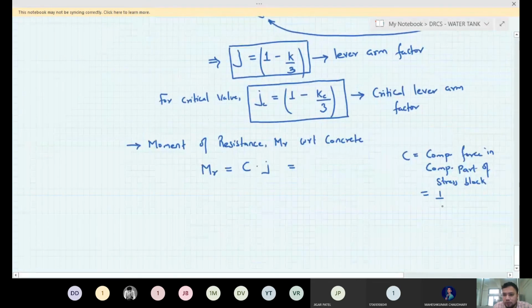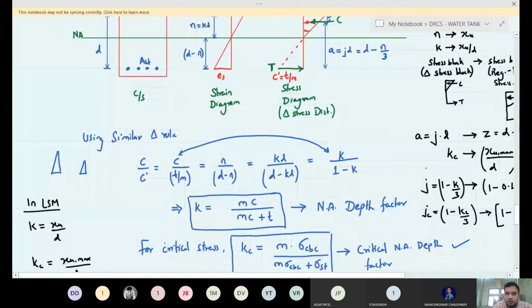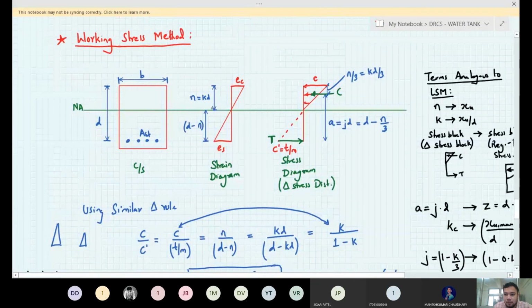So it will be 1 by 2 into base, that is small c, the compressive stress, times this depth. This depth is n, or we can say kd.